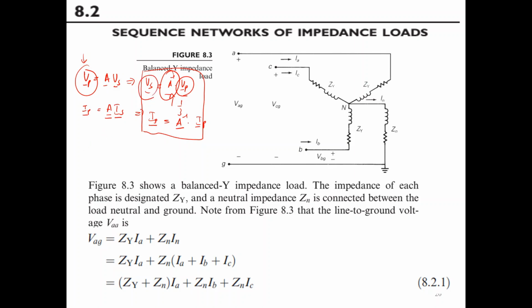Moreover, we have discussed the relationship between complex power SP, S in phase quantity, which now becomes 3 times SS, S subscript S. This is complex power in sequence and complex power in phase quantity. This is in phase quantity. These are in sequence quantity. So you can see that in the sequence quantity, this is the balance.